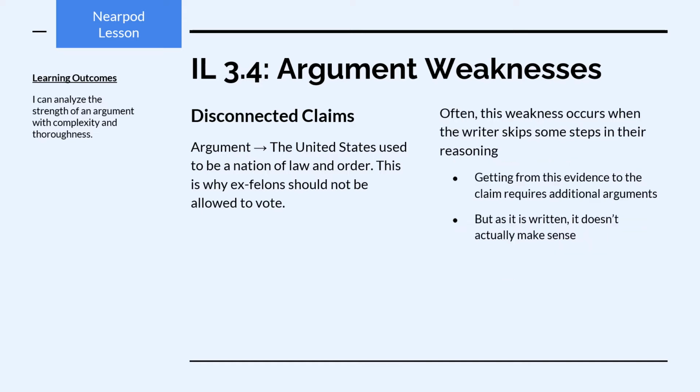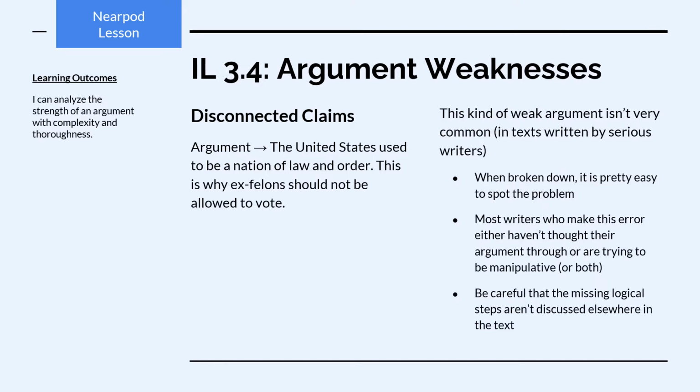This particular kind of argument weakness usually occurs when the writer skips some steps in their reasoning process. Getting from this evidence statement to this claim statement requires that additional arguments be made in between. But as it's written, it doesn't actually make sense. It should be noted here that this kind of argument weakness isn't very common, at least in texts written by serious writers.